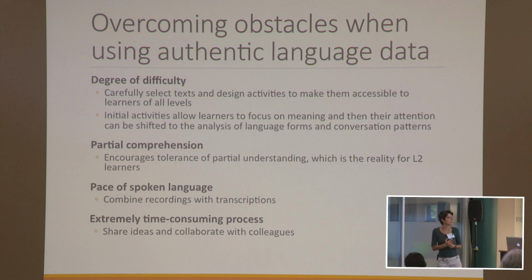It's an extremely time-consuming process. Yes, that's definitely so. We all know that looking for these materials and designing activities with authentic language data is very time-consuming. So this doesn't solve the problem completely, but one thing that we've been trying to do here at the center is to share ideas and collaborate with colleagues.